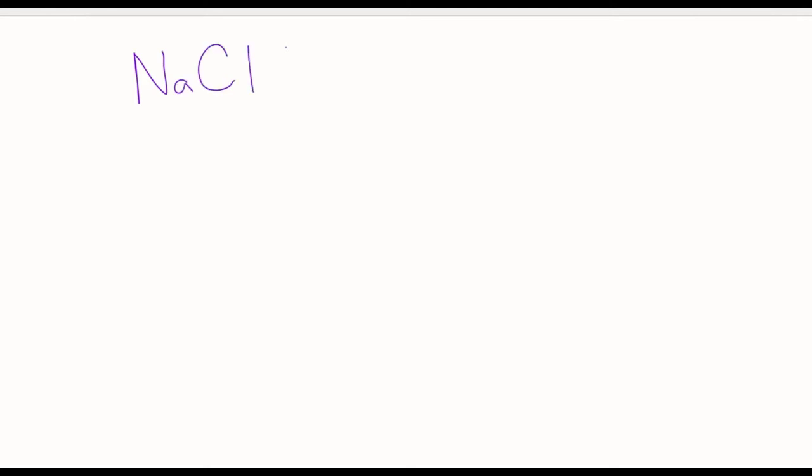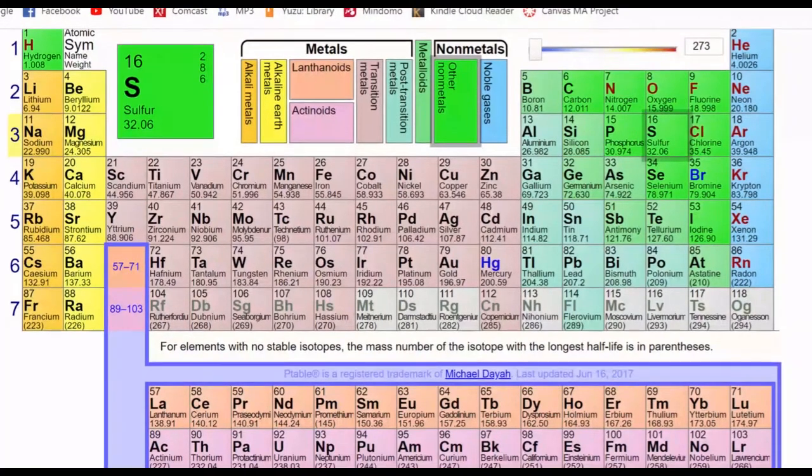Let's say we have some NaCl, that is just salt. We want the molar mass of this whole thing together. So all I need to do is add up the different pieces. We're going to have sodium, and then chlorine, and we're going to add these two independent things together to get the total molar mass. Find sodium on the periodic table over here.